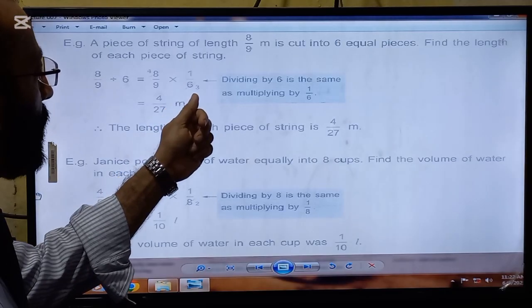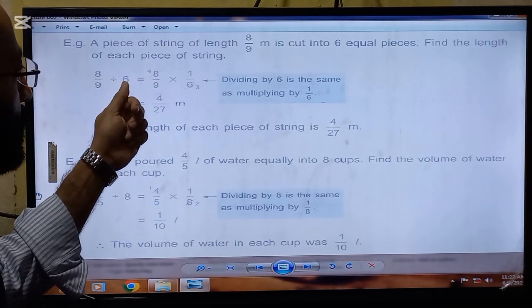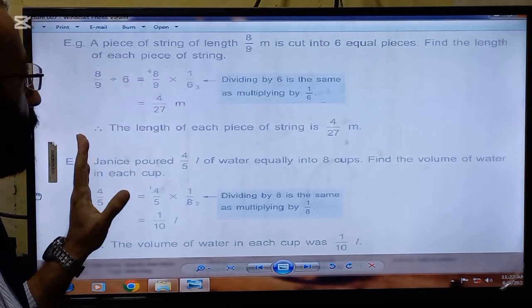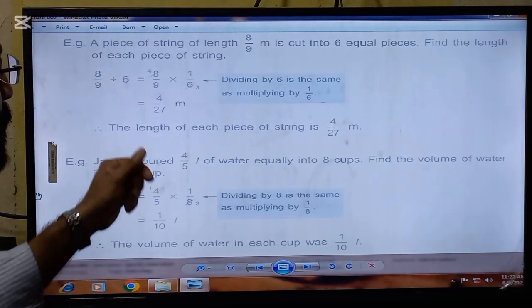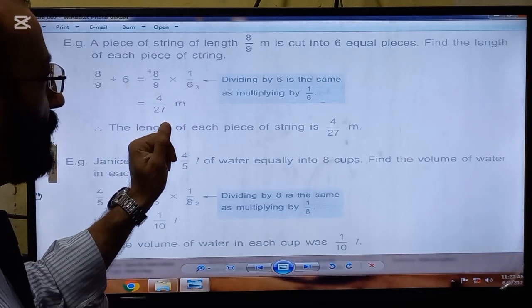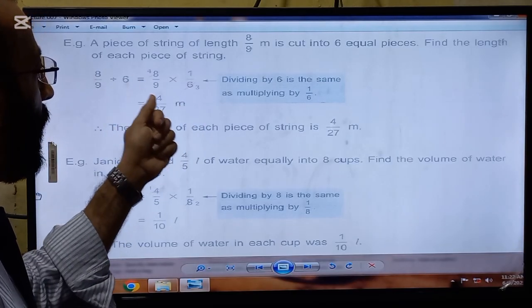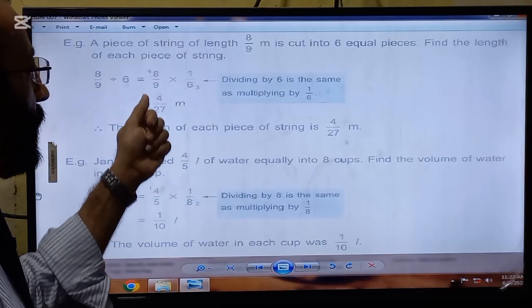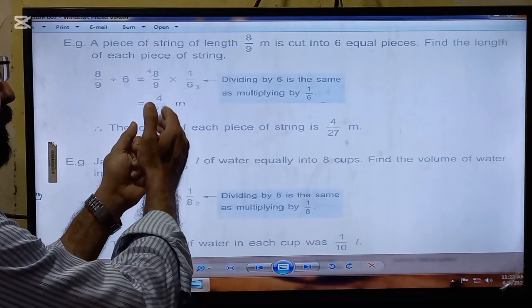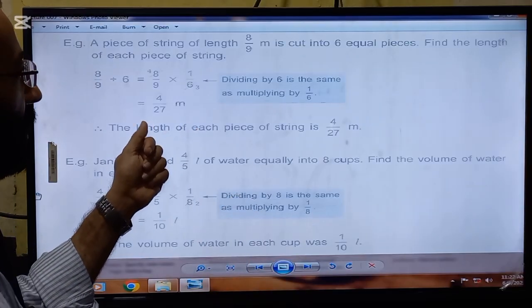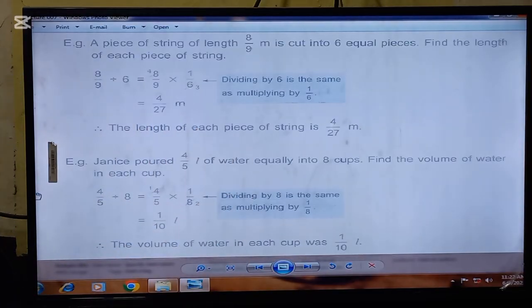So look now, 2 3s are 6 and 2 4s are 8. This is the maximum cancellation that can be done. Now the next stage will be to multiply the numerator with the numerator and the denominator with the denominator. So 4 ones are 4 and 9 3s are 27. So this is a proper fraction. This cannot be solved further. So this is the answer.